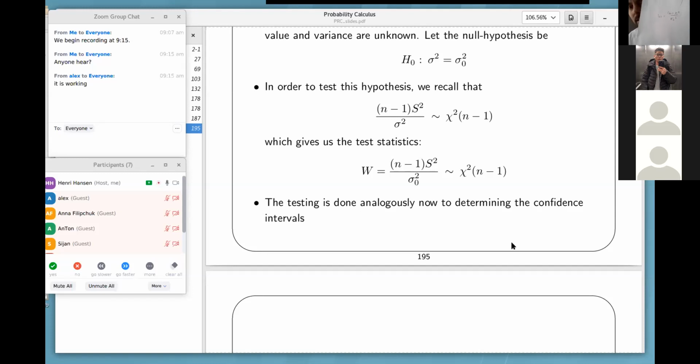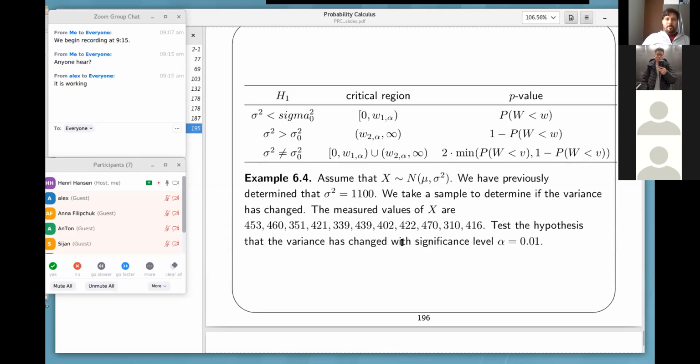If we have a distribution under this assumption, I'm just going to draw that it looks something like this. So this would be your chi-squared distribution.